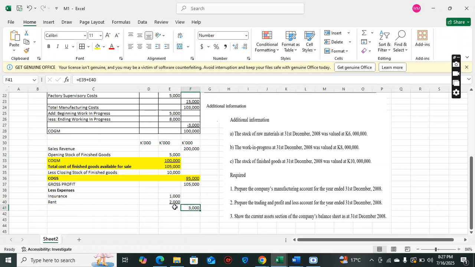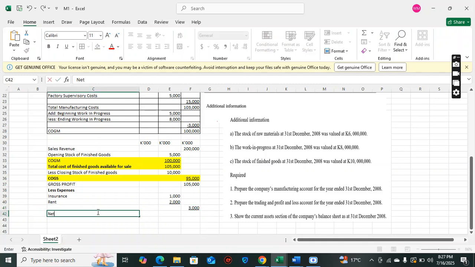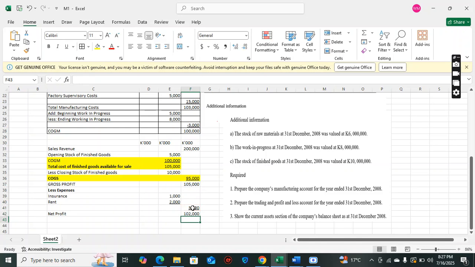So we get our total expenses. 1,000 plus 2,000, 1 million plus 2 million, 3 million. Then our net profit is the gross profit minus the expenses. That's the net profit, 102,000.